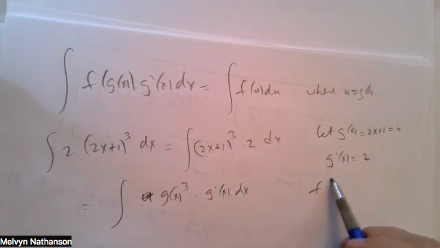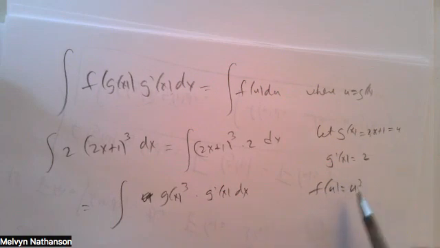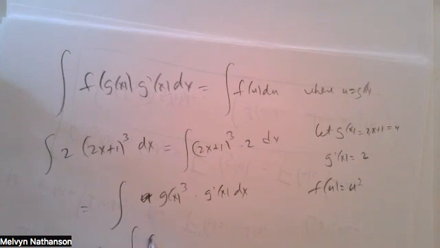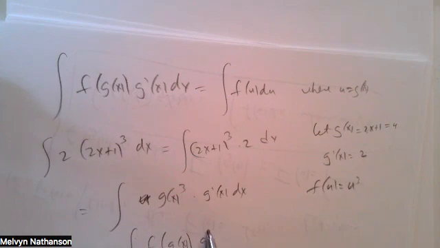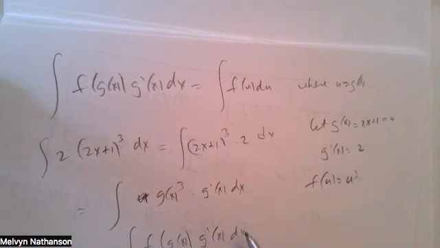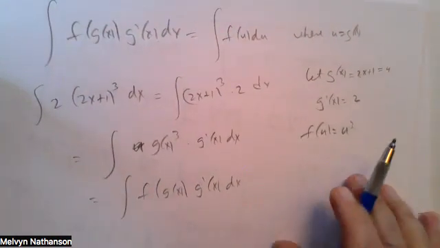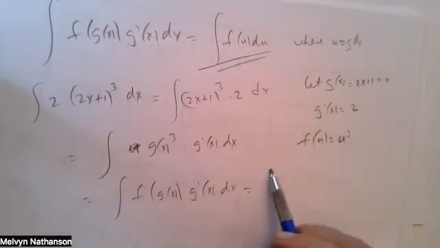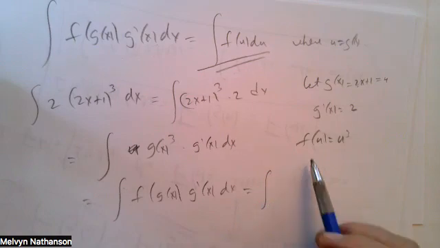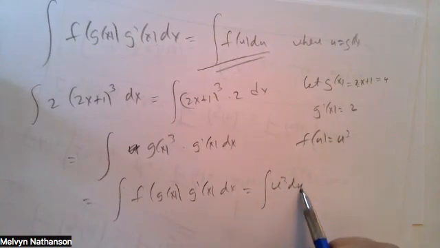If I think of f of u as the function u cubed, this is equal to the integral of f of g of x, g prime of x dx. That's equal to, according to the substitution rule, the integral of f of u du, the integral of u cubed du.